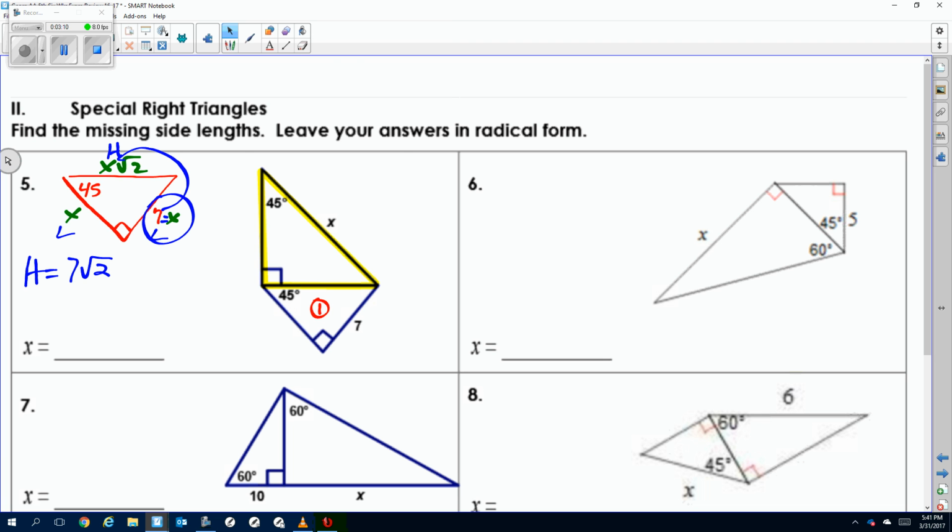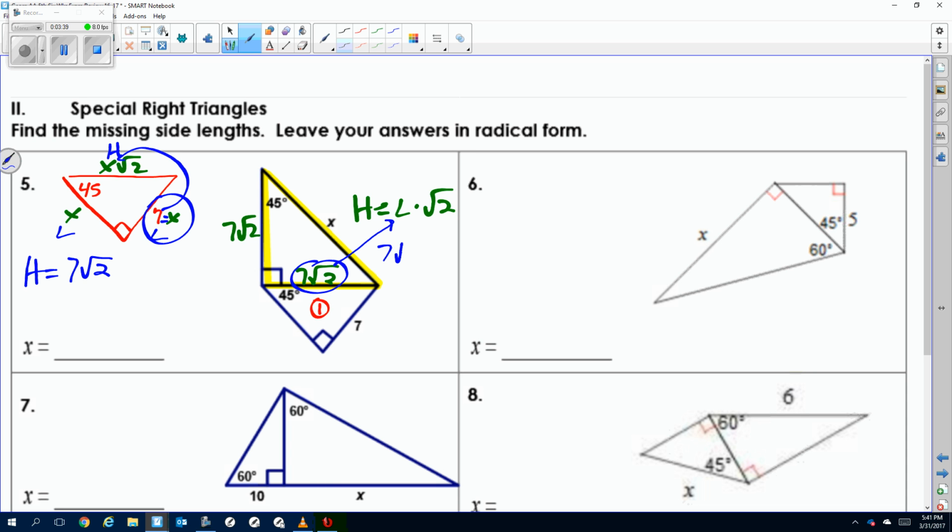I know that that leg now is 7 square root of 2, which is over here, because the two legs are the same. So to get to the hypotenuse, it's whatever the leg is times square root of 2. Well, our leg is the 7 root 2. So I'm going to plug this number in for the leg.